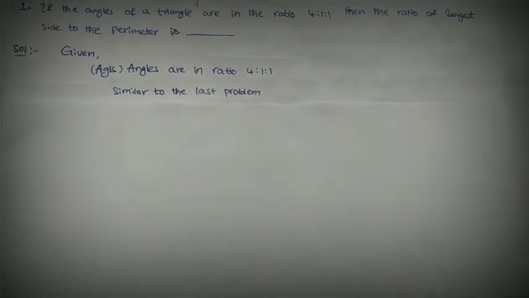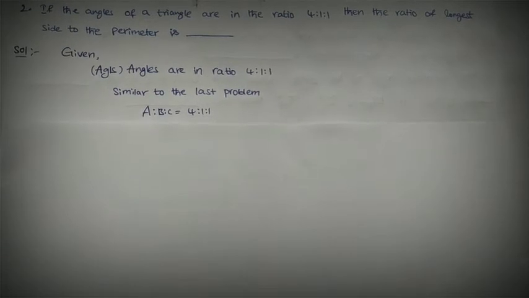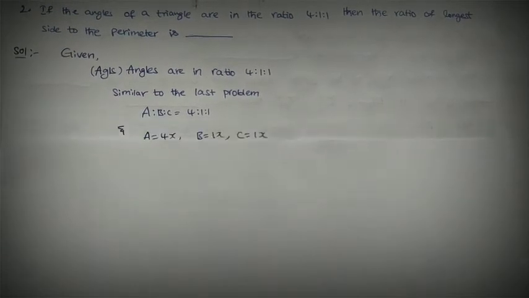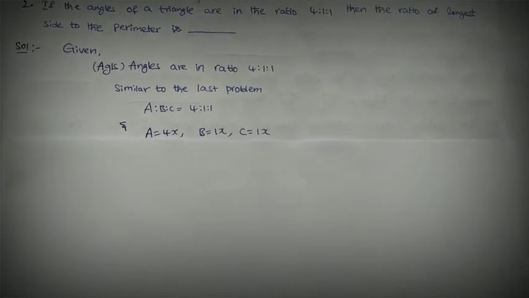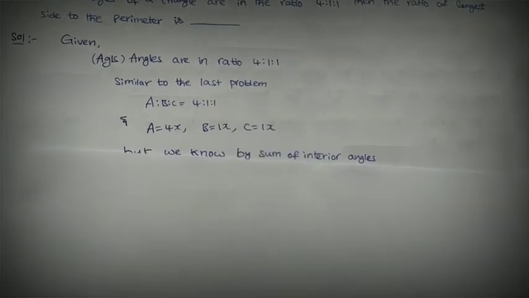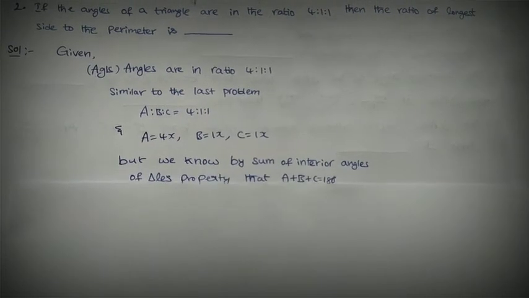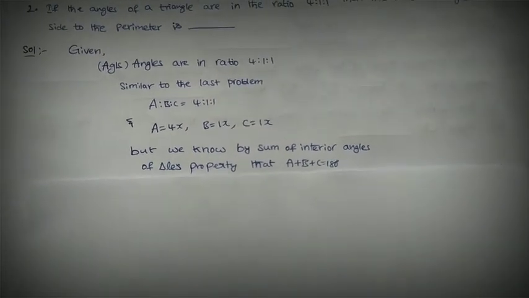Similar to the last problem, we are going to apply the same thing, taking the angles as 4x, x and x here. So A is to B is to C equals 4 is to 1 is to 1. So A equals 4x, B equals 1x, which is x, C equals 1x as well, which is again x. Now we know again, by the sum of the interior angles of the triangle, A plus B plus C equals 180 degrees.